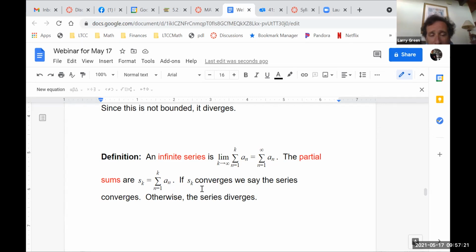If S sub k converges, we say the series converges. Notice S sub k is a sequence. Otherwise the series diverges. So let me tell you why this is a sequence.